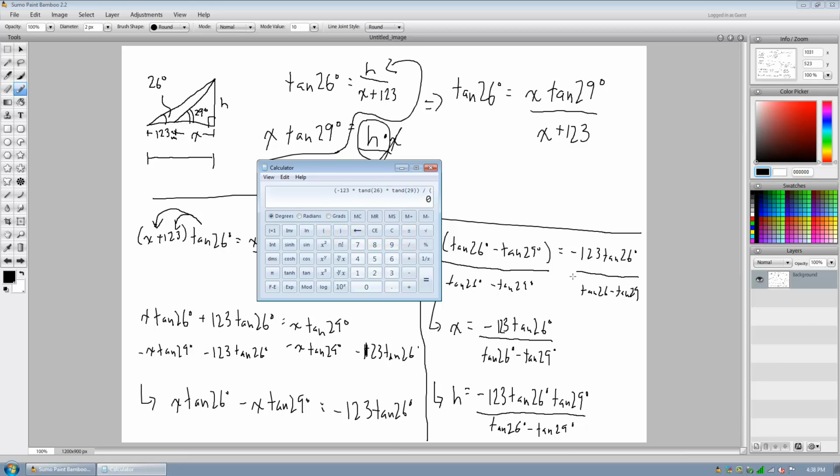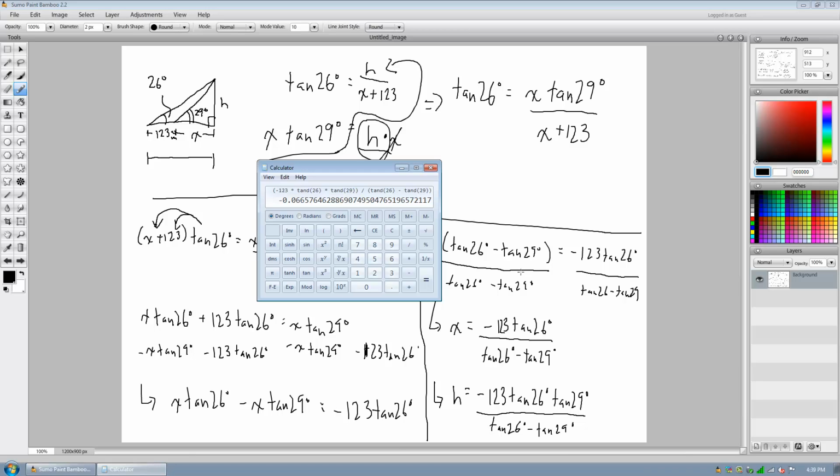So you can see what we have on the top so far is negative 123 times tangent of 26 times tangent of 29 divided by bracket the tangent of 26 minus the tangent of 29 end bracket. So again, don't look at the number on the screen, look at the expression in the calculator.